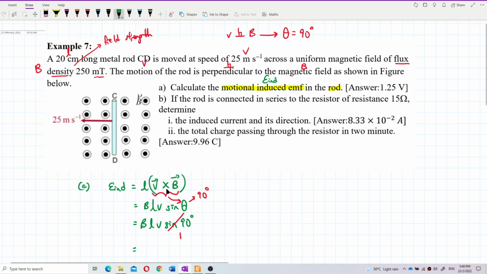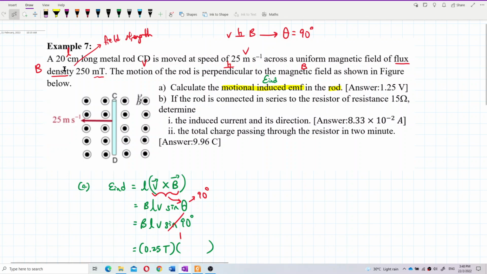So the magnetic field strength is 250 millitesla, which is 0.25 Tesla. Length is 20 centimeters. Changing centimeter to meter is divided by 100, not divided by 1000.